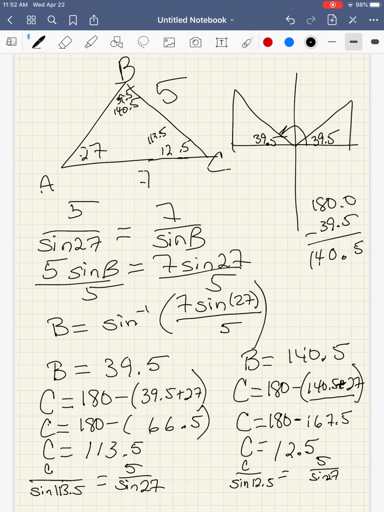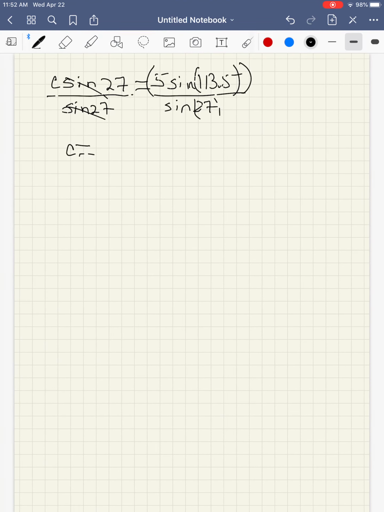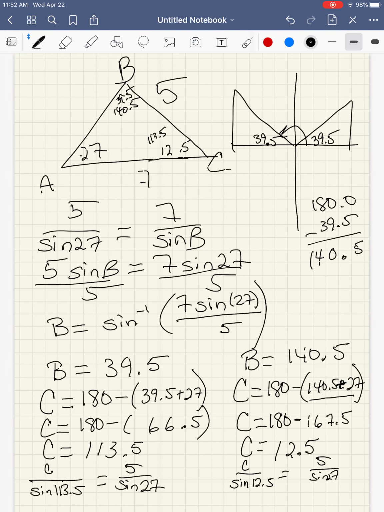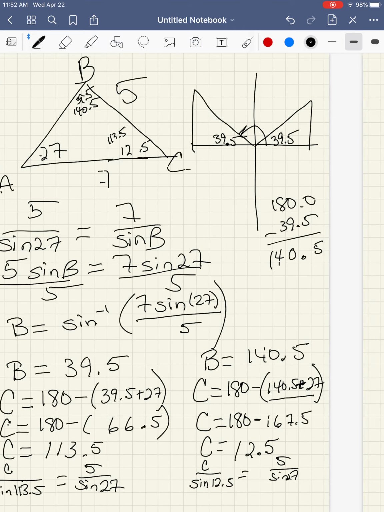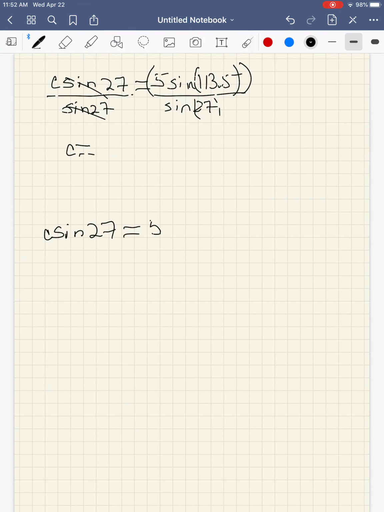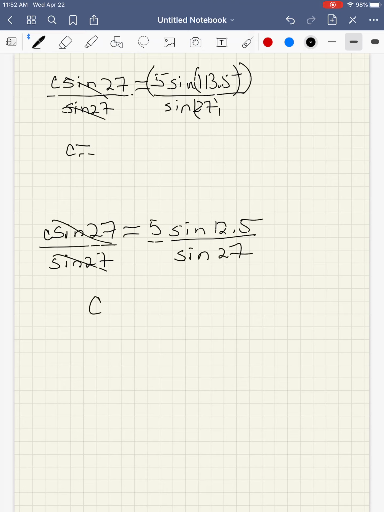For the other triangle, when we cross multiply, we'll get C sine of 27, same as what we have there. But when we cross multiply the other, it'll be 5 sine of 12.5. So we divide by sine of 27.